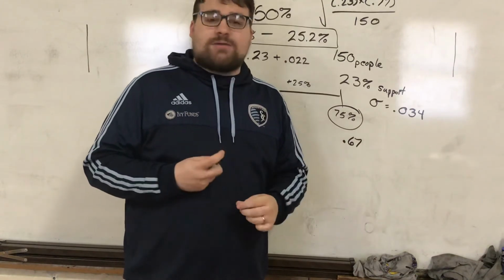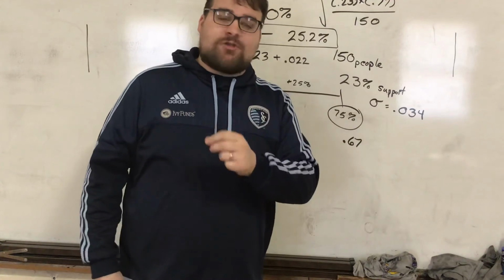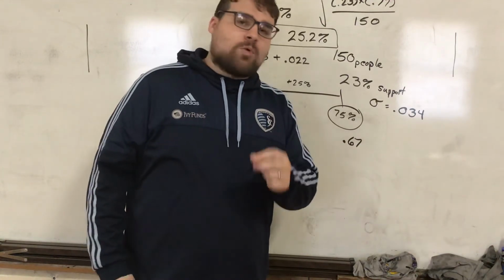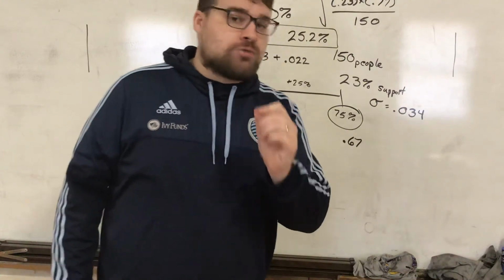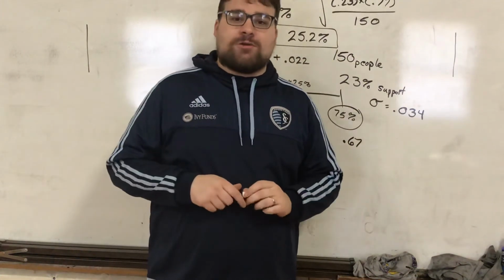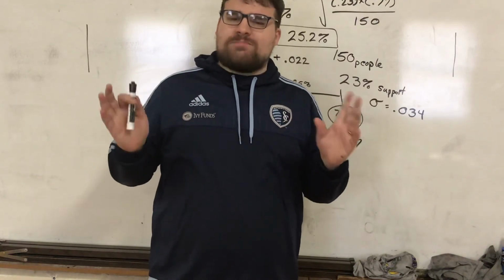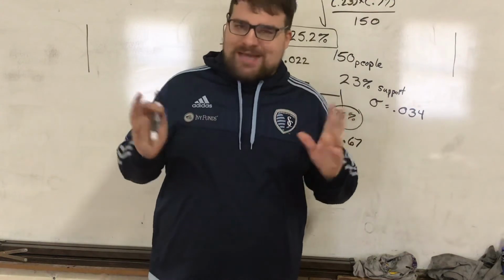But that's because we're more confident that the 17 to 30 is correct. We're more confident that the real, actual number, the true proportion, is in that range. We're giving ourselves a little bit more room to be wrong, if you will. We're making the safe bet.